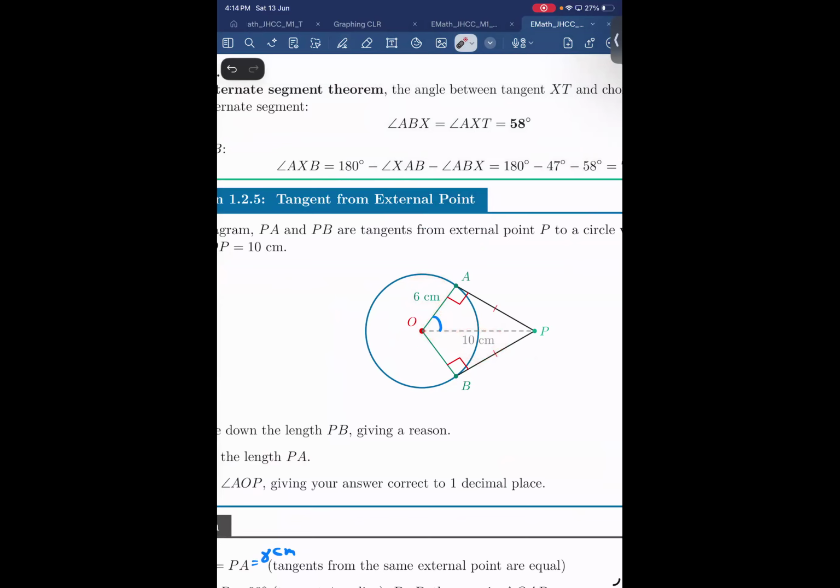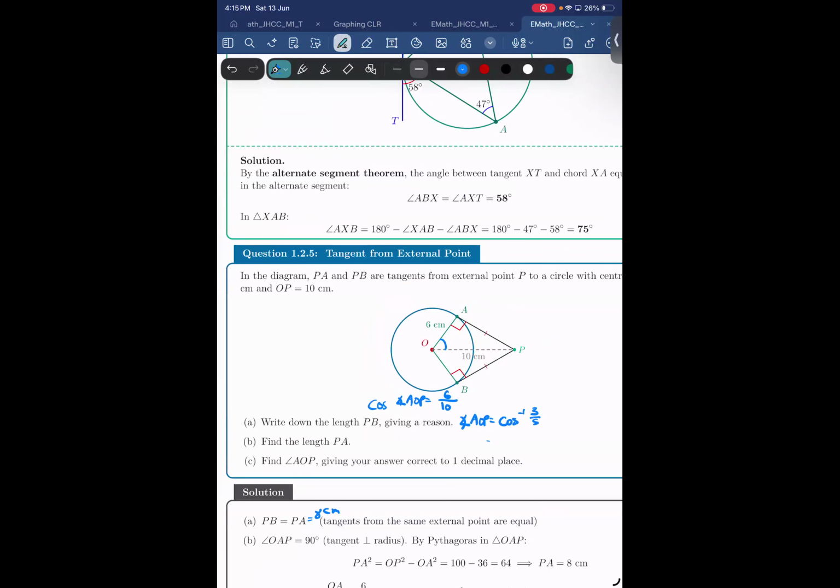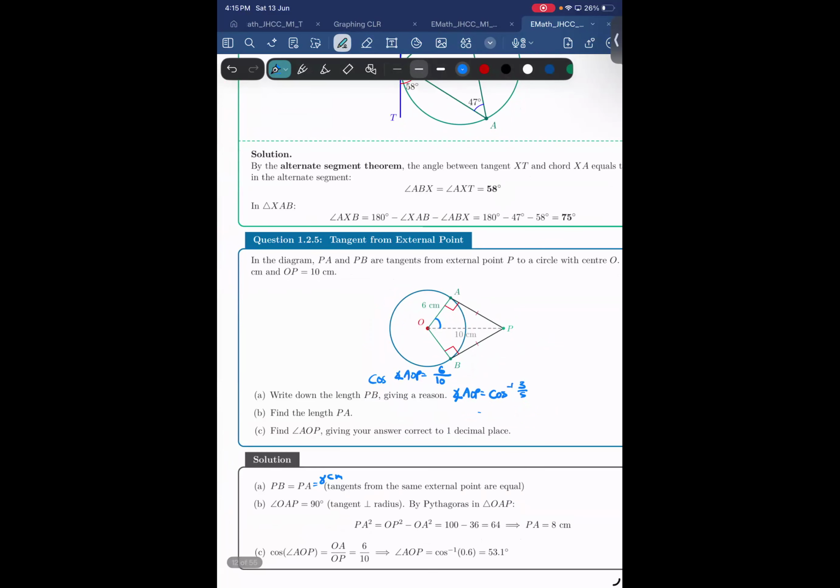Adjacent is 6 cm and hypotenuse is 10. So we use cosine, SOH CAH TOA. Cosine of angle AOP is equal to adjacent 6 over hypotenuse 10. Then angle AOP is simply cosine inverse of 6 over 10, or 3 over 5, which is 53.1 degrees.